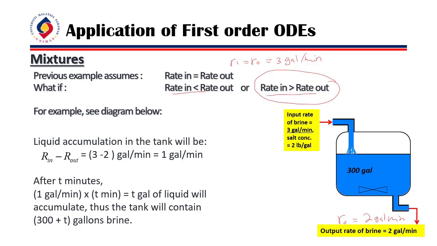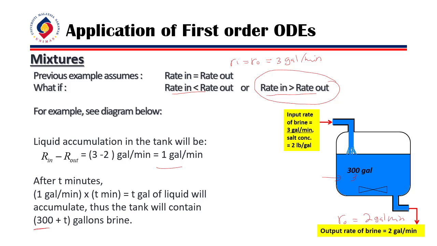So the liquid accumulation in the tank will be 1 gallon per minute. Then after t minutes, we multiply by t, and then we get t gallons. So that means inside here, the 300 inside the tank previously, we plus t, because t gallons of liquid accumulate inside the tank.